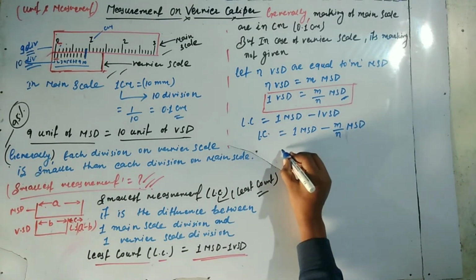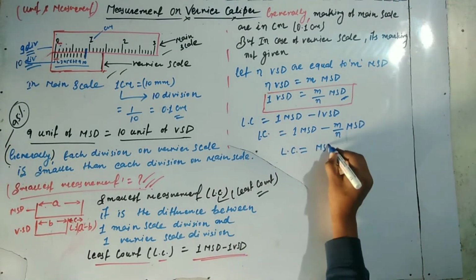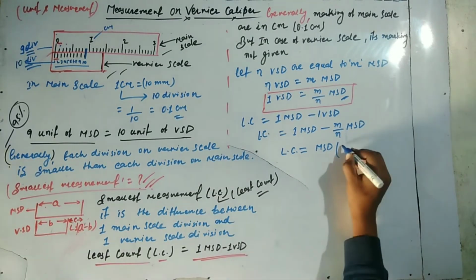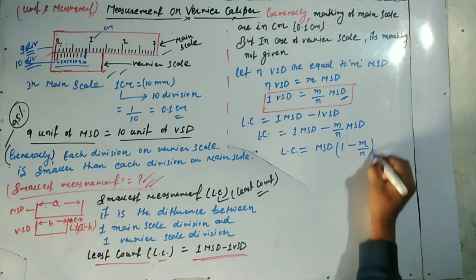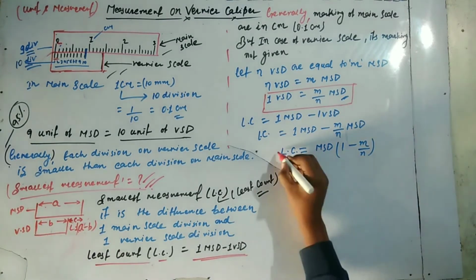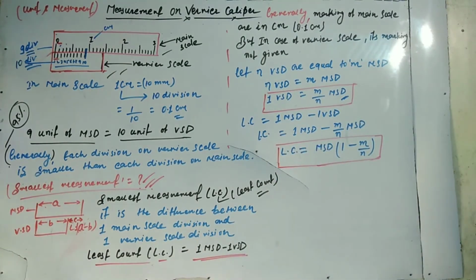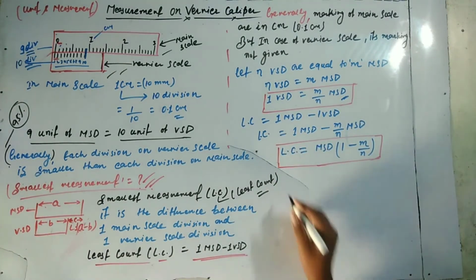Take MSD in common. So least count is equal to MSD into 1 minus M by N.